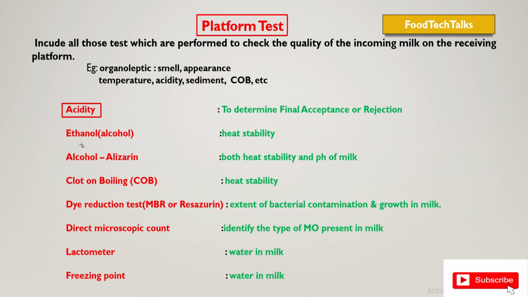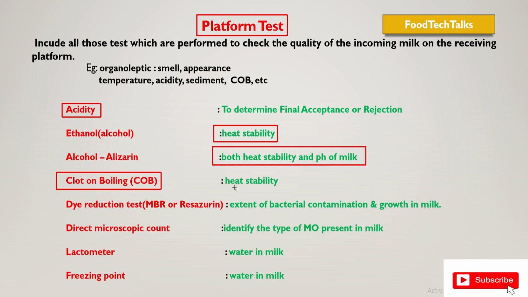An ethanol test can be used to check heat stability of milk. Alcohol alizarin test can also be used to check both heat stability and pH of milk. By Croton boiling test, heat stability of milk can be determined.